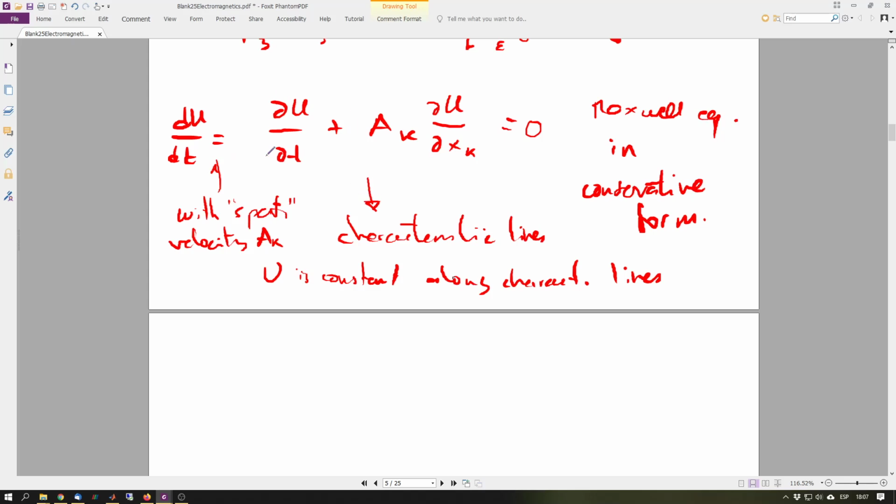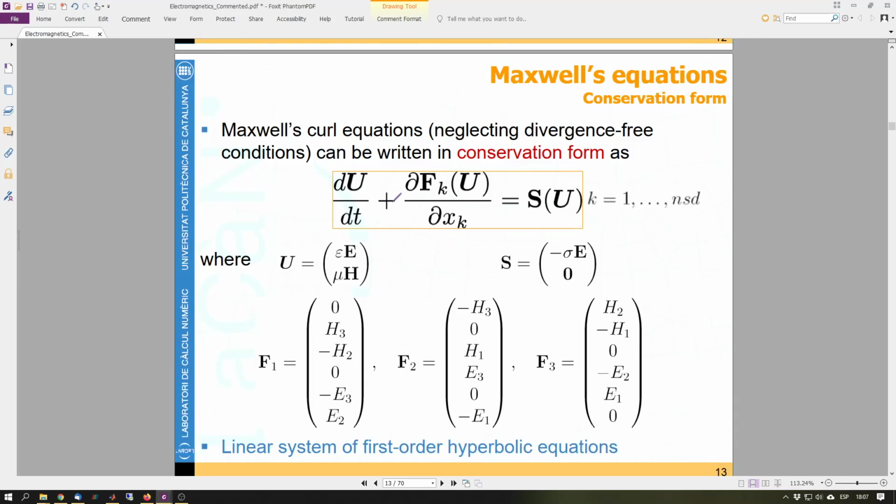We will go back to this form later on, but so far let's keep in mind that we can also write in that form with a linear function fk, and the sum. So it's another way of writing our equations. If we have electrical charges and some conductivity, then we will have this first term on the right hand side.